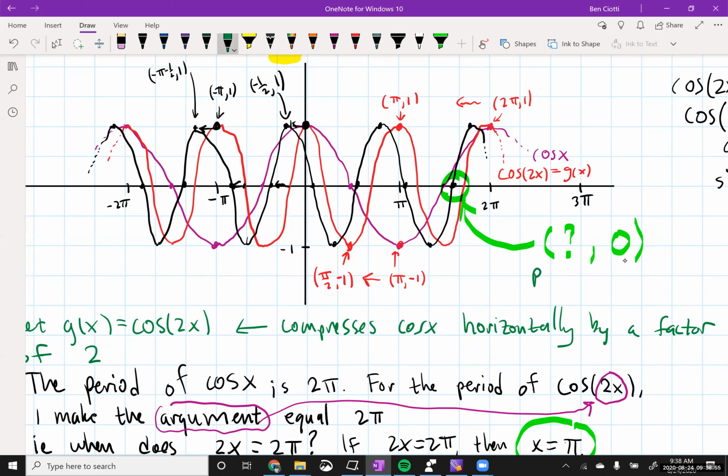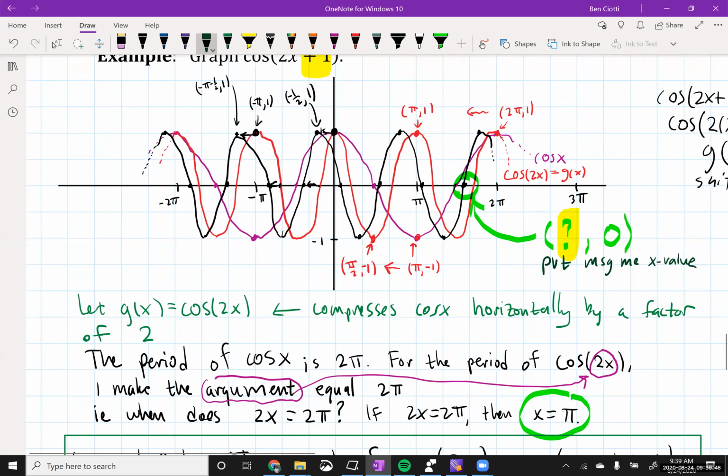Can you private message me the x value? Could you zoom out a tiny bit just to see the compression? Thank you.